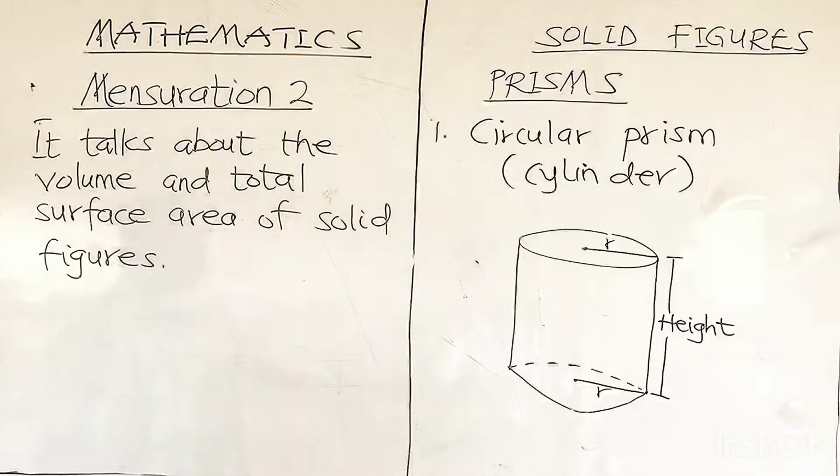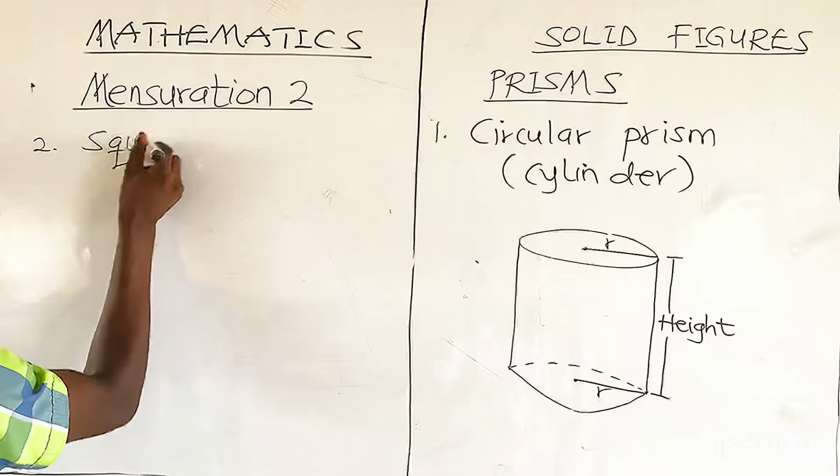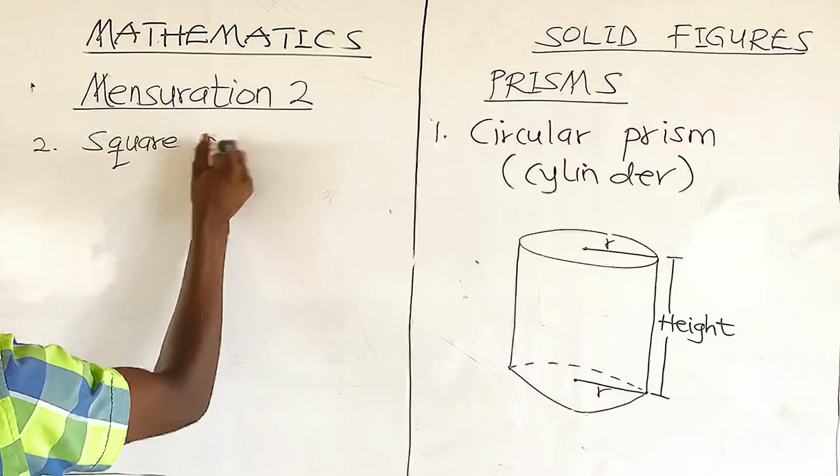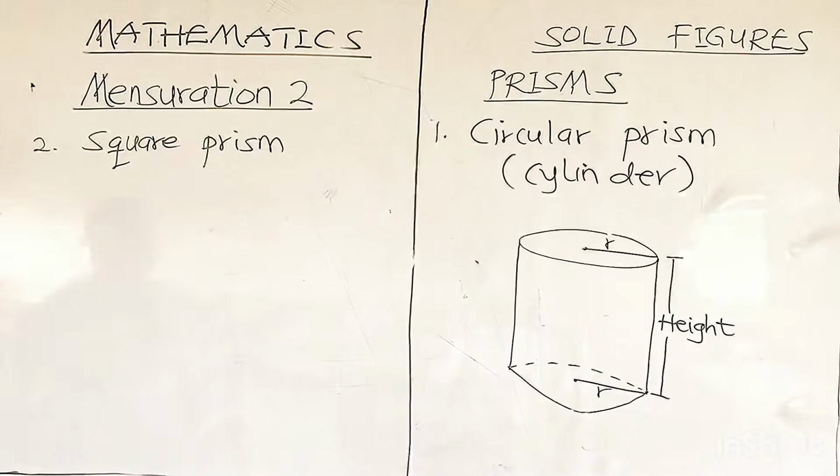We also have the square prism. So now let's get a square prism. The square prism, basically we call it the cube.